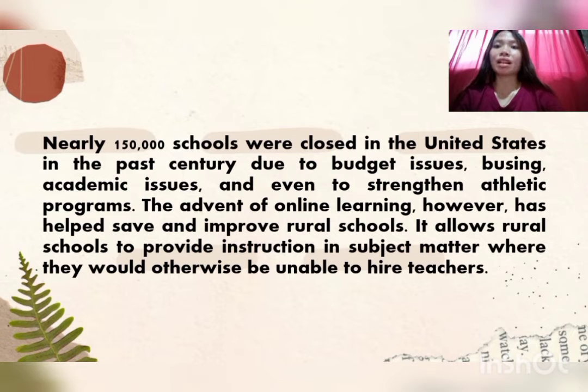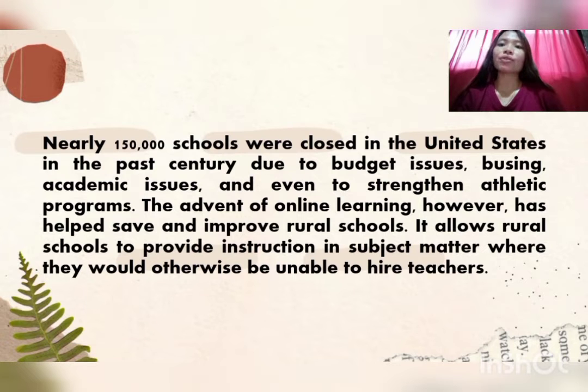Proponents of consolidation argue that curriculum can be expanded to include subjects that are not available in a small school. Buildings can be upgraded with educational equipment and technology, and students can be better served when small schools are combined.